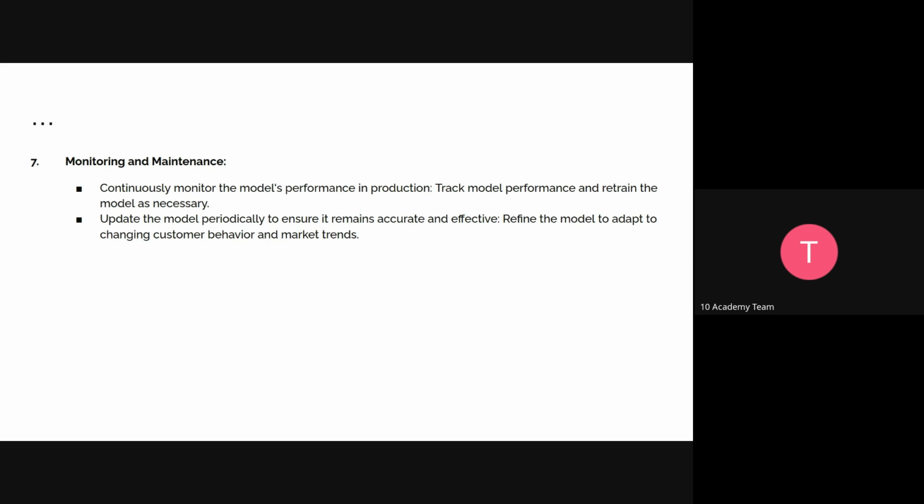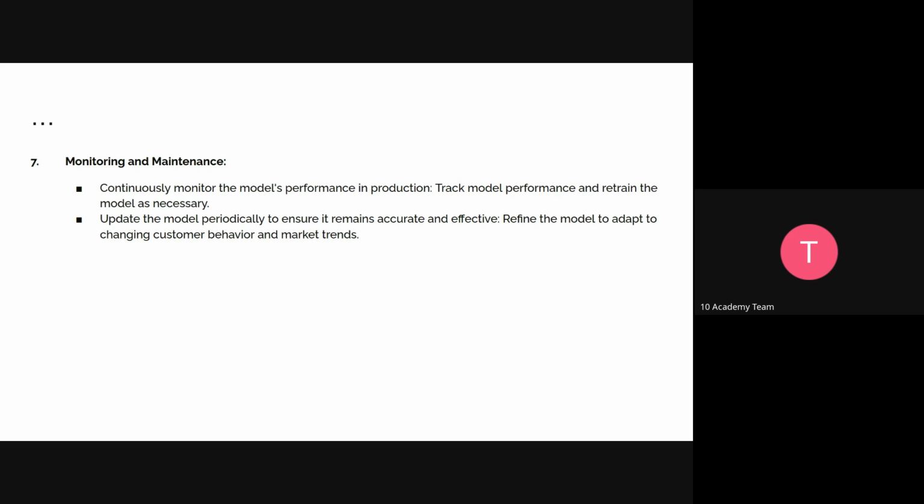So continuous monitoring means you need to make sure that the specific model built or prediction built is still working fine for the current situation of the state. If not, we need to update the model prediction periodically to ensure it remains accurate and effective. So refine the model to adapt to changing customer behavior and market trends. So yeah, the seventh step will be the monitoring and maintenance step.